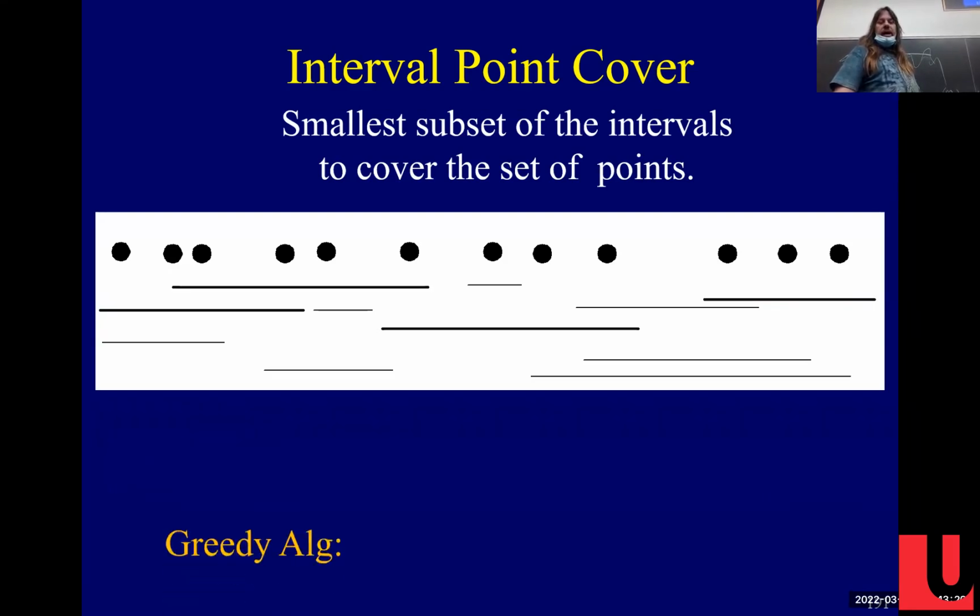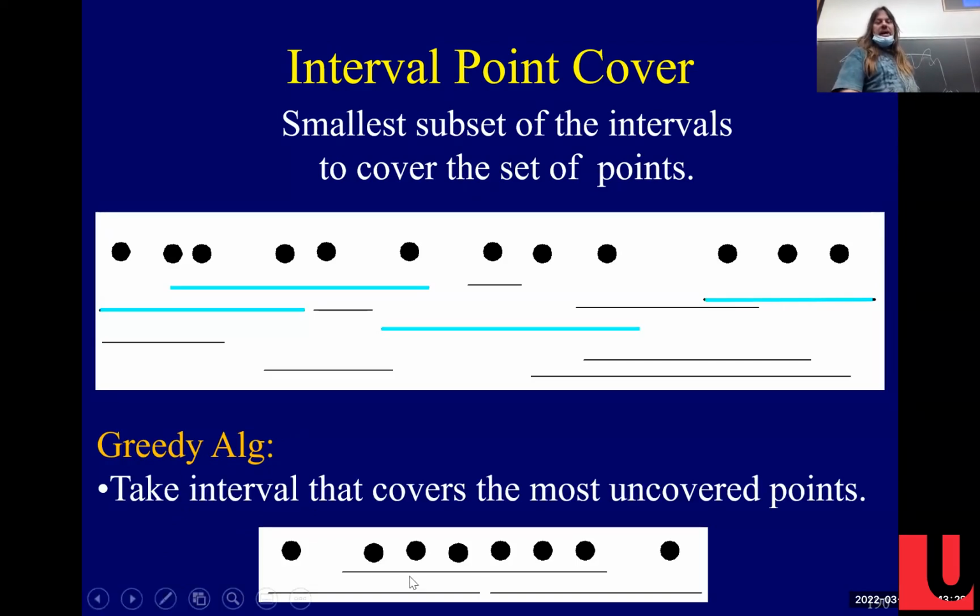Because it's going to take this interval because it covers the most points, and optimal is to take the bottom two. Because if you take this first one, you still have to cover those outer ones, so you have to take the other two as well, in which case you didn't need to take the middle one.